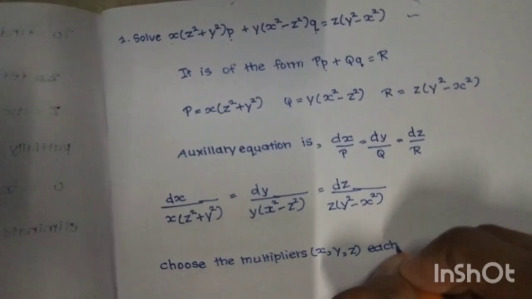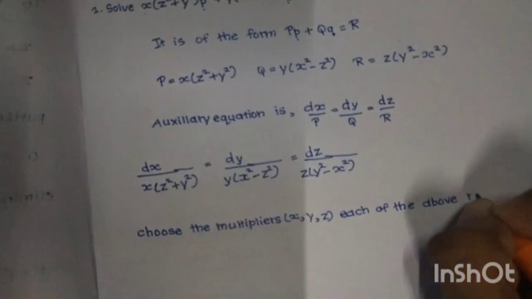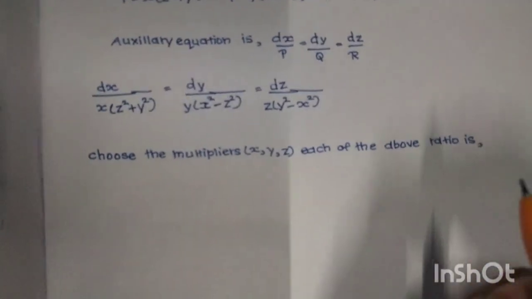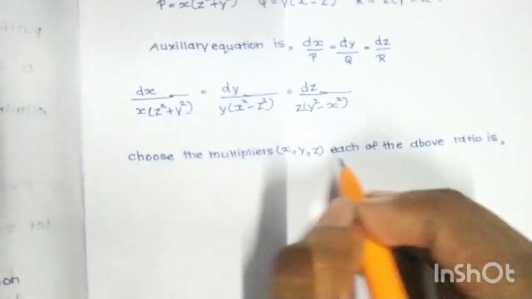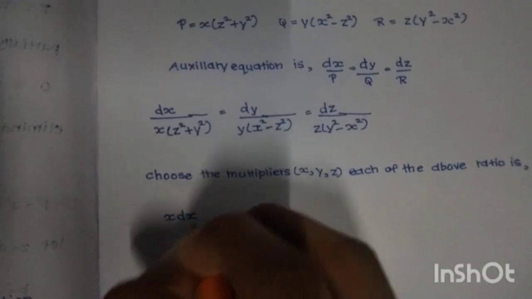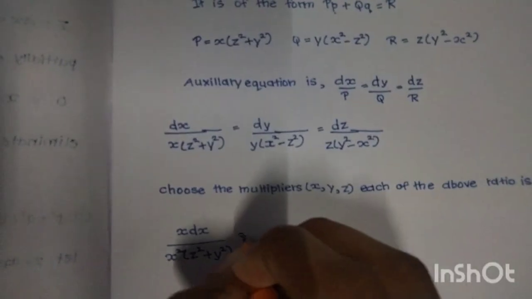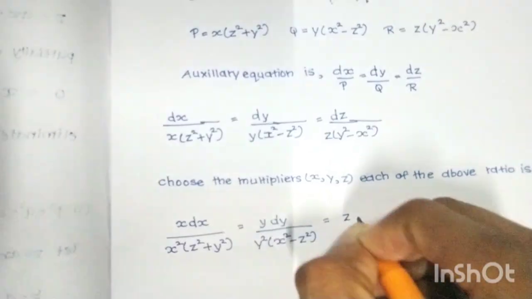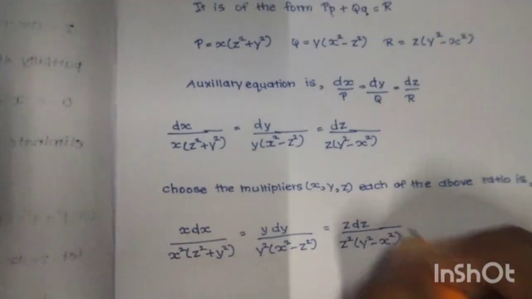Each of the above ratio is, so we are going to multiply in the numerator as well as in the denominator with x, y, z. So x dx by x square into z square plus y square equal to y dy by y square into x square minus z square equal to z dz by z square into y square minus x square.